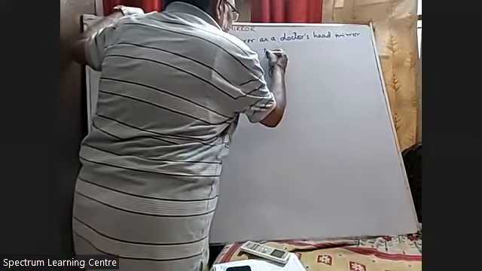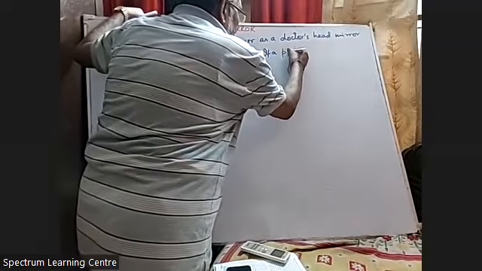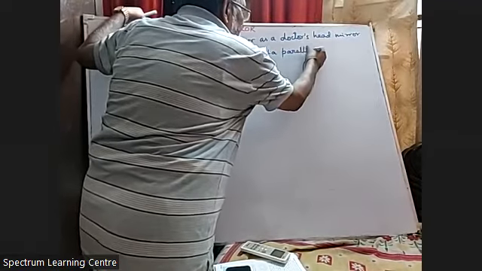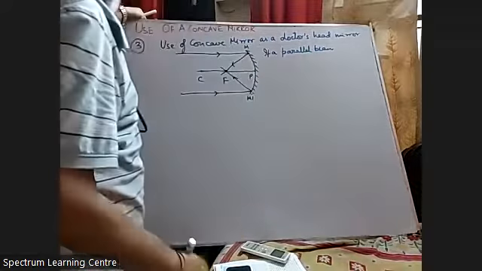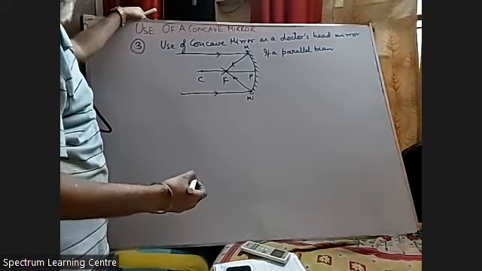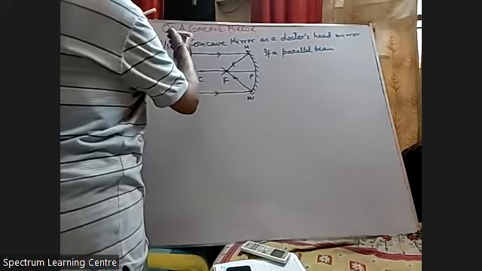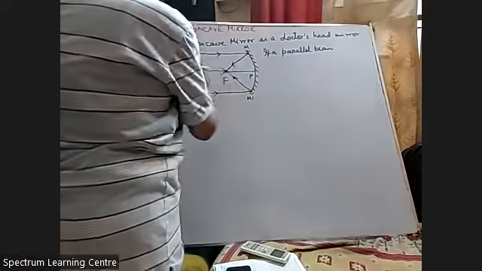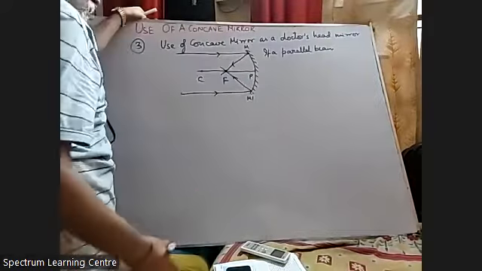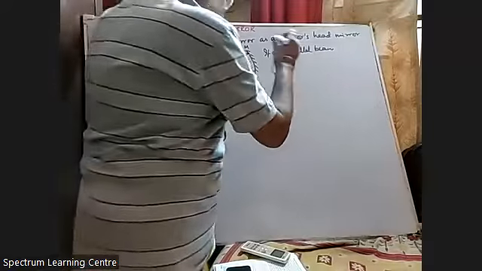So we write here, if a parallel beam. Mind it, the question can be like this also: why is the concave mirror used as a doctor's head mirror? Then you have to write all this and draw all the diagrams. Now try to understand this.